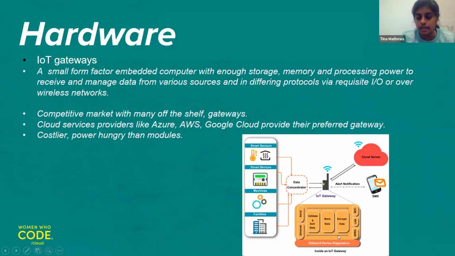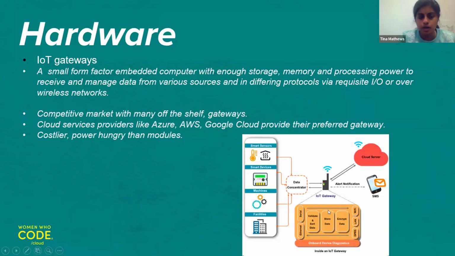So that's a kind of embedded computer. It has a lot of storage and a lot of processing, much greater than these devices, and it is much more powerful. It'll have different protocols and different wireless networks to suit the cloud. In this case, the competitive market gives us a lot of off-the-shelf gateways.